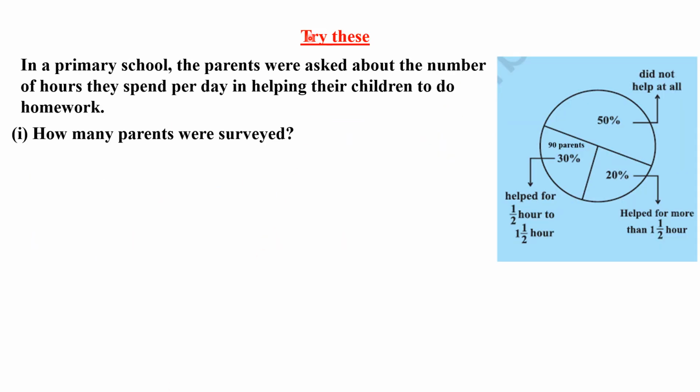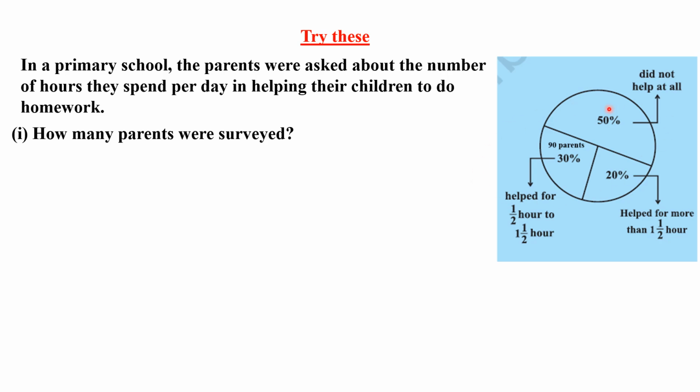This question I have taken from the NCERT textbook. This is a try these question. The information given is as follows. In a primary school, the parents were asked about the number of hours they spend per day in helping their children to do their homework. Depending on the information collected from parents, they have represented that data in a pie chart.